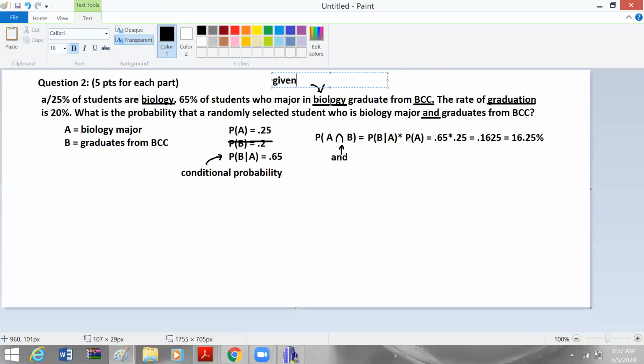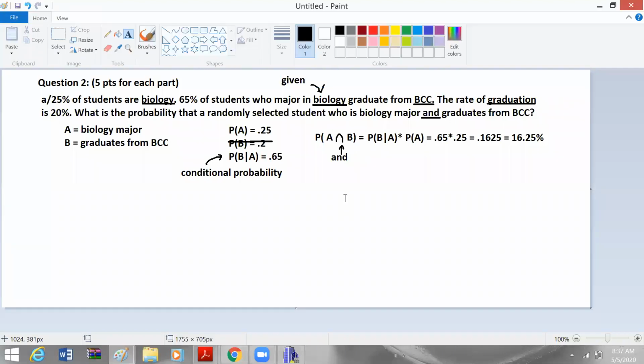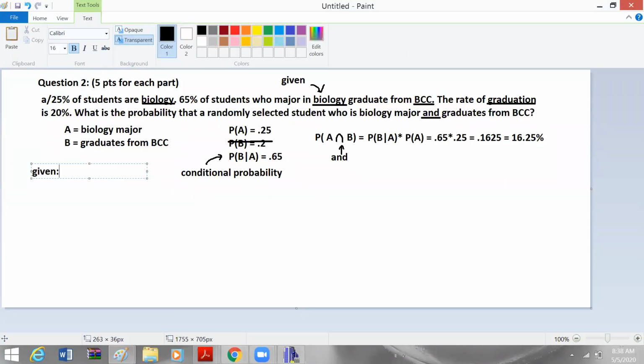So let me just repeat that again. The given on a final exam is usually followed by the keyword of those who, given, by, and so forth. So the given information will be followed by of those people who graduate.